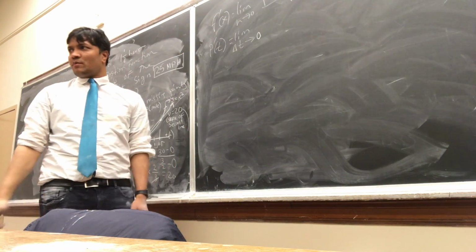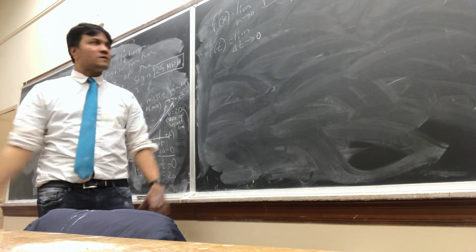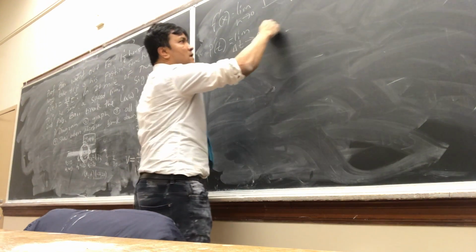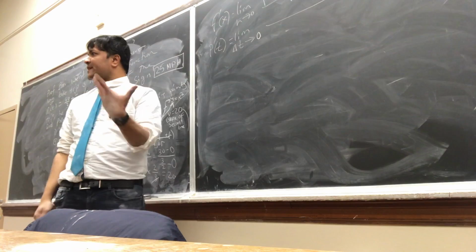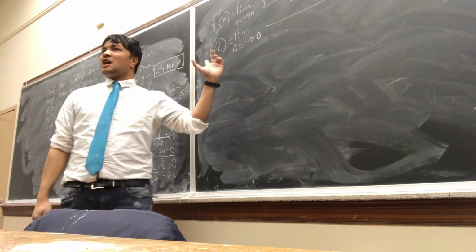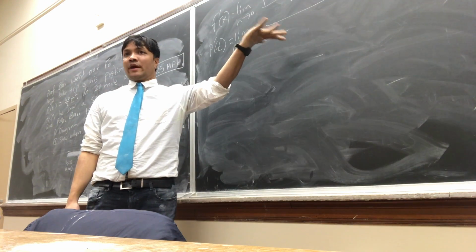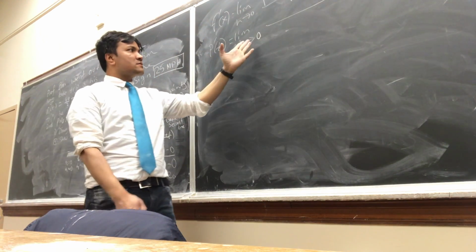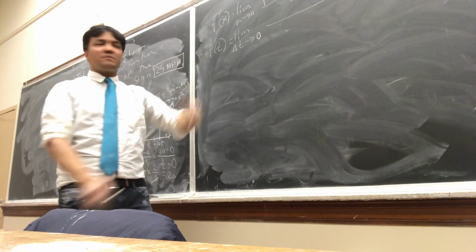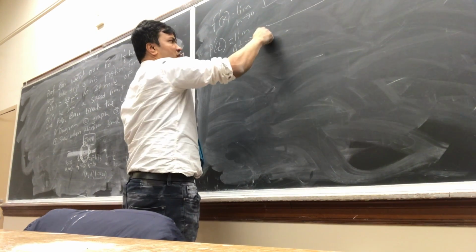The default is 0, but you can write 1.22, because you just don't know what it is. You can write delta t goes to 0 or 1.22. It doesn't matter.